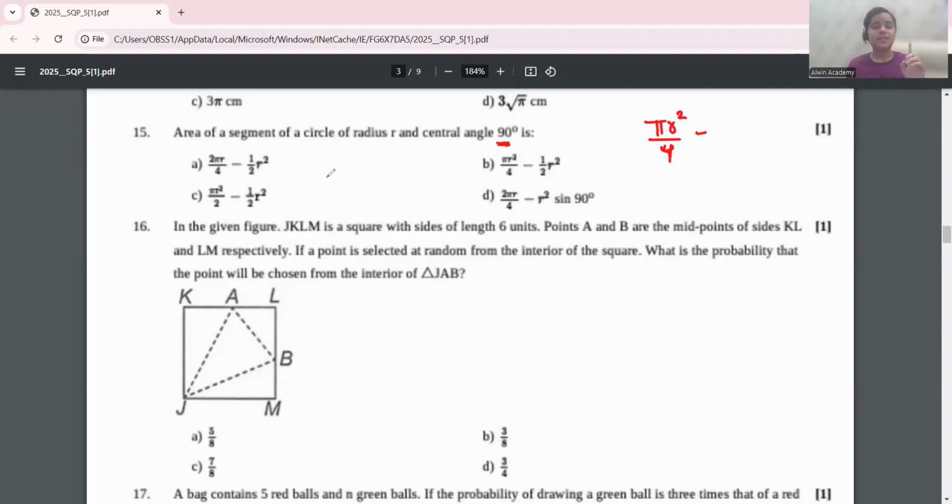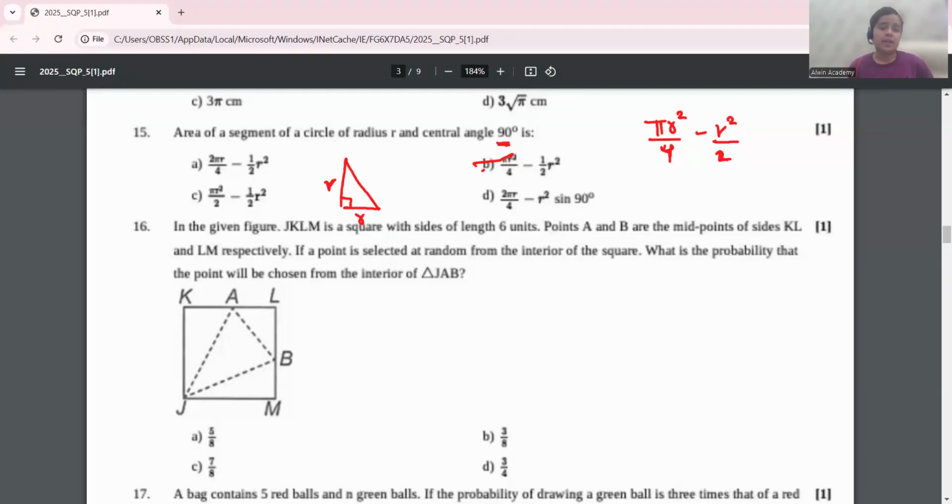Now since the particular triangle made inside would look something like this, where both of the sides are radius and it is a 90 degree, we can write its area as half base into height, which would after solving become r square by 2, and that is option number B, pi r square by 4 minus half r square. That's the answer.